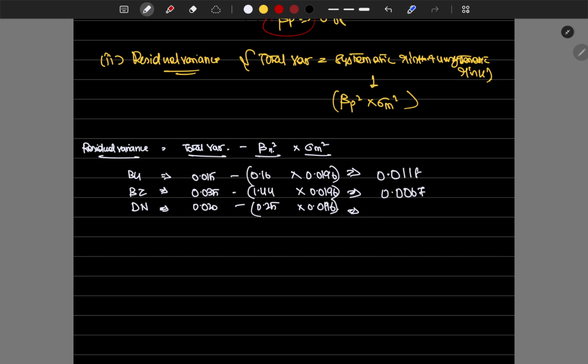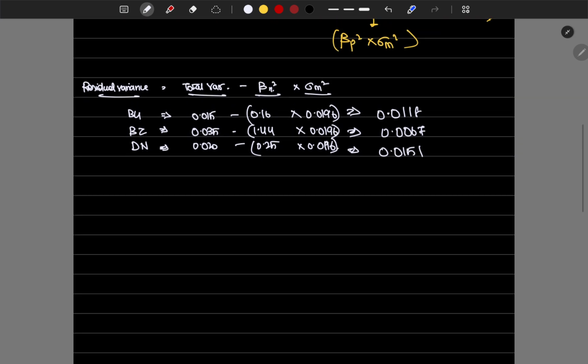Then 0.25 into 0.0196 plus 0.020 gives 0.0151. So we found all the residual variances.